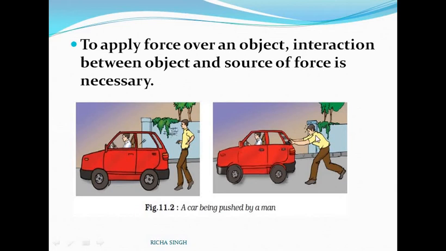In the next figure, you can see the person is touching the car and he is applying the force which will result in the movement of the car. So it is very important that there should be interaction between the object and source of force. Here the car is the object and the source of force is this man who is pushing the car.